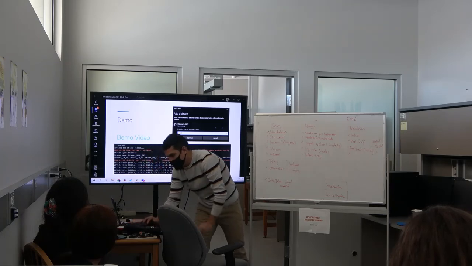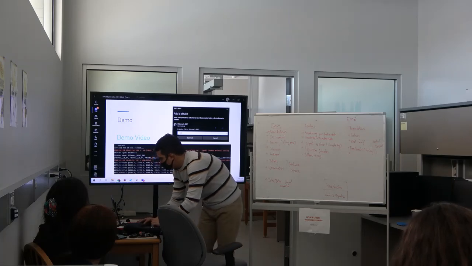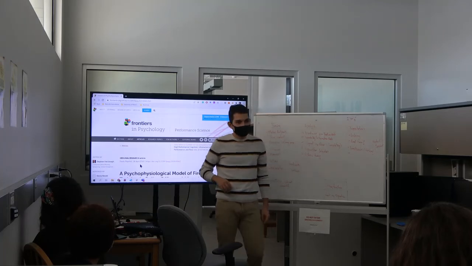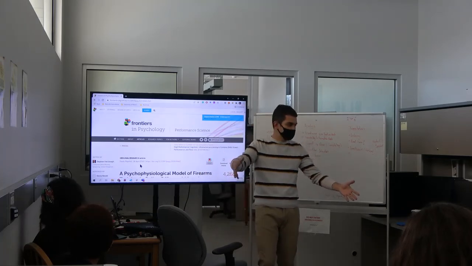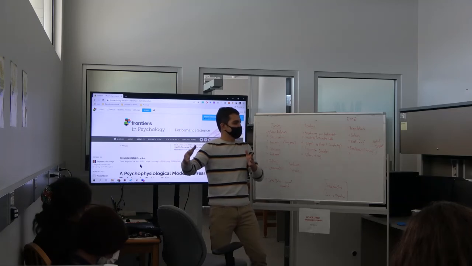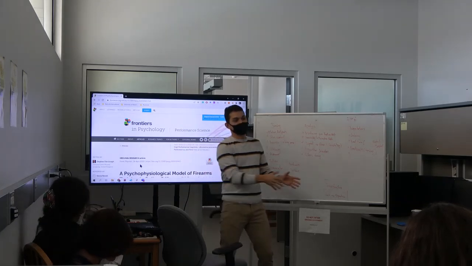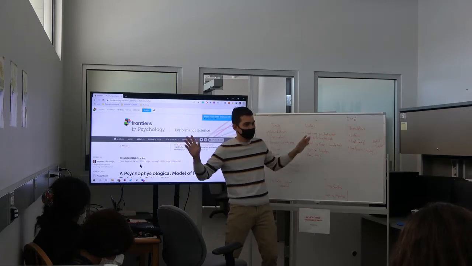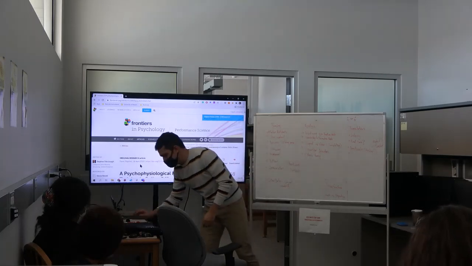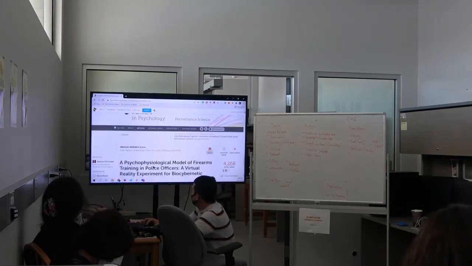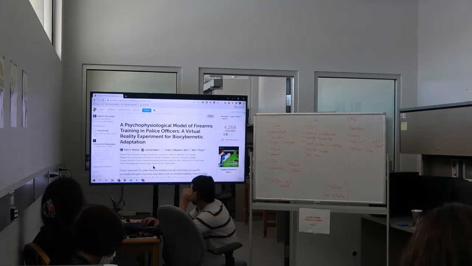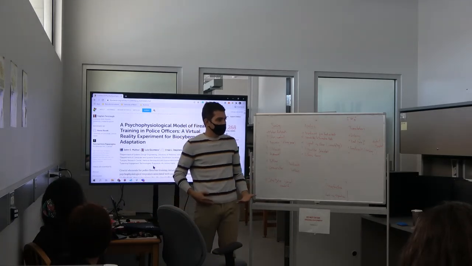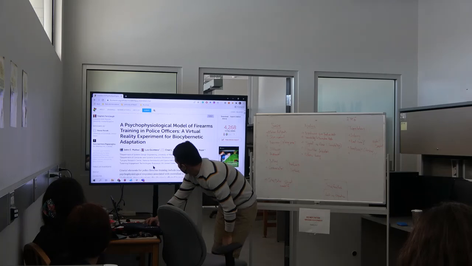In an ideal world, what you would have is something called a psychophysiological model, which is basically: under this specific situation, dealing with these psychological states, this is how the physiological signals react. If you have that beforehand, boom, that's half of the way to creating an adaptive system. So what I have been trying to do in some experiments with VR is create the model beforehand, so then you can create the adaptive rule.